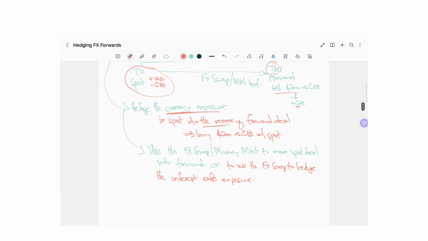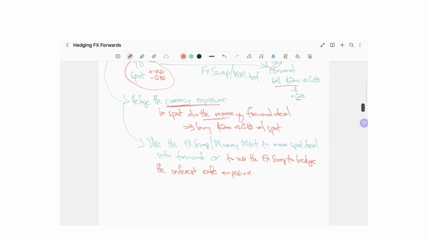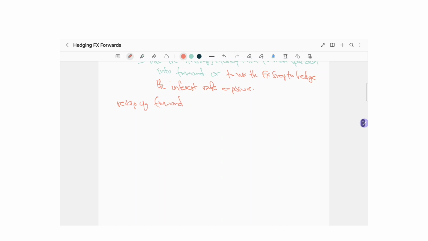Mind you, we say a forward has a spot leg and an interest rate differential. Okay, so a bit of recap of what a forward is. To price a forward, you need spot and interest rate differential.